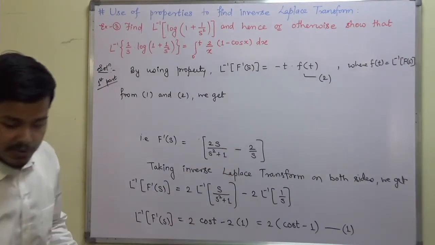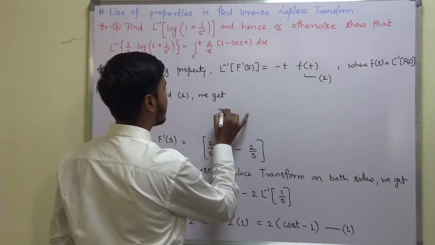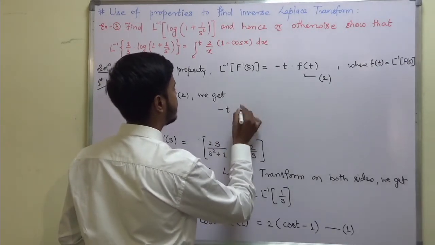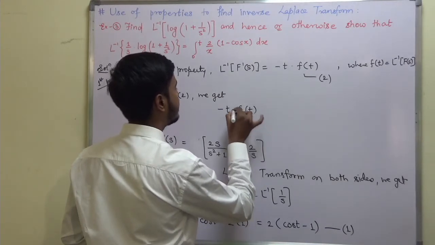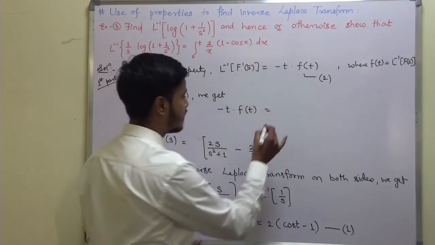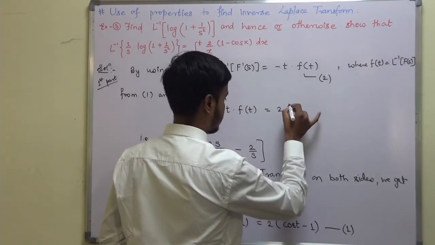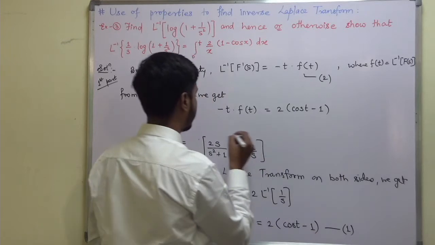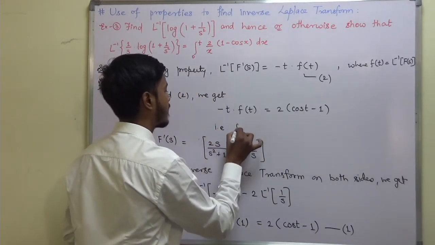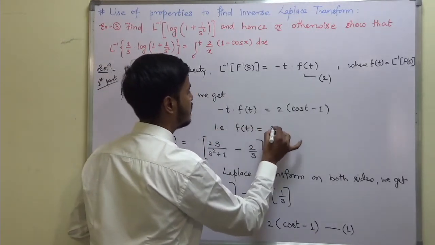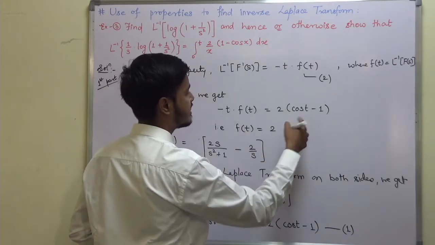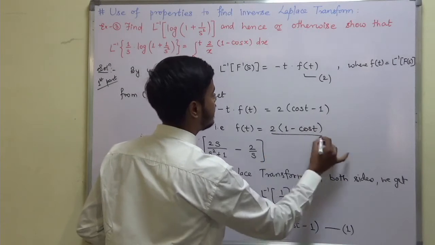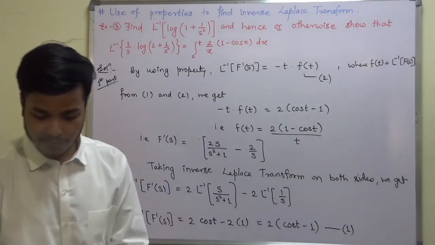So you can just write minus t into f of t is equal to 2 (cos t minus 1). That is, f of t is equal to, giving a minus sign to this, 2 into (1 minus cos t) upon t. So this is just f of t.